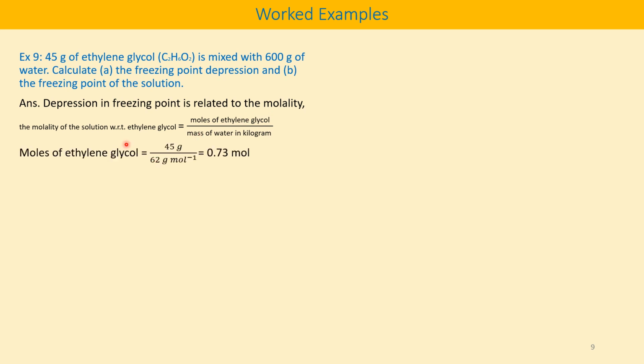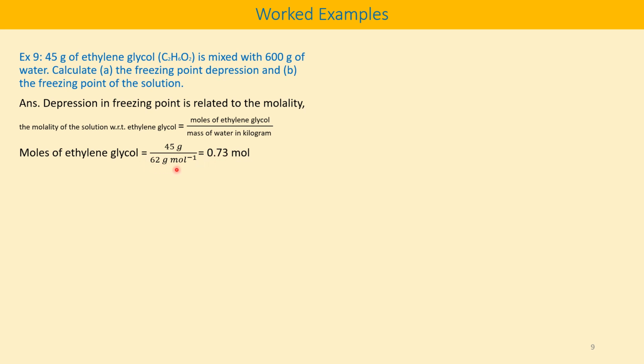Moles of ethylene glycol is equal to the mass of ethylene glycol, that is 45 grams, divided by the molar mass. The molar mass of ethylene glycol is 62 grams per mole. Simplifying, we get 0.73.